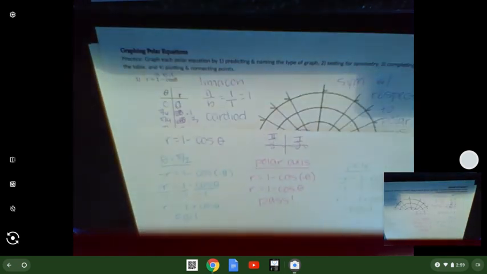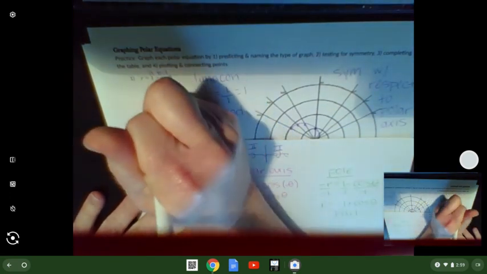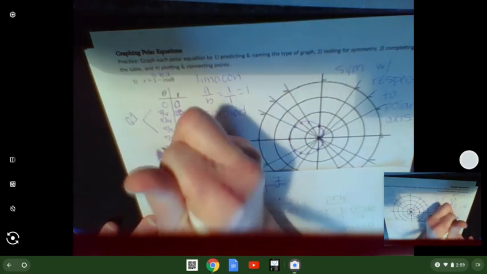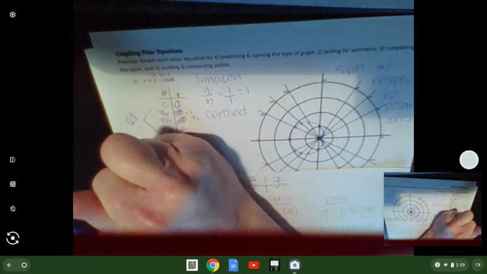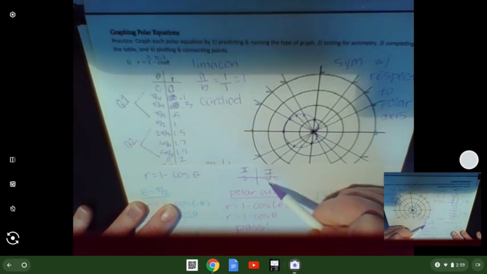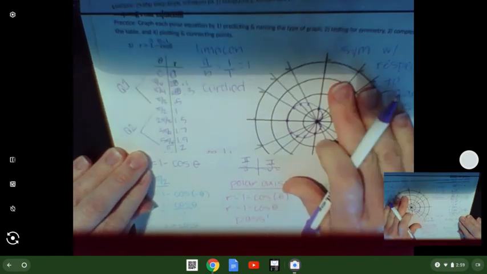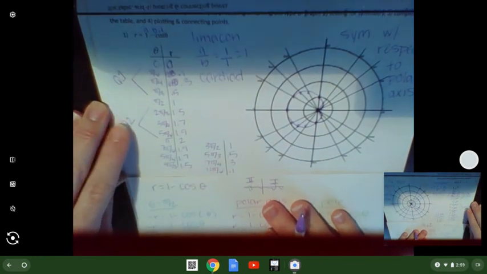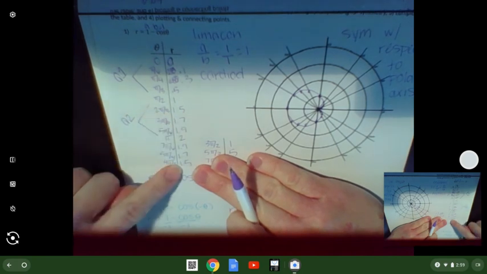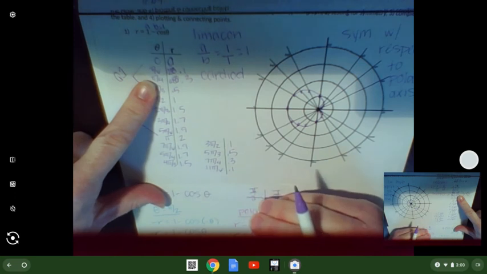So in creating this graph, I really would have only had to, there's my quadrant 1 angles. I'll call this Q1. My quadrant 2 angles, I would go through pi. Quadrant 2 angles, and I should notice that quadrant 1 reflects into 4 and quadrant 2 reflects into 3. So if I look at what was in my table, quadrant 3 actually is a reflection of quadrant 2, and quadrant 1 and 4 angles are a reflection of one another.